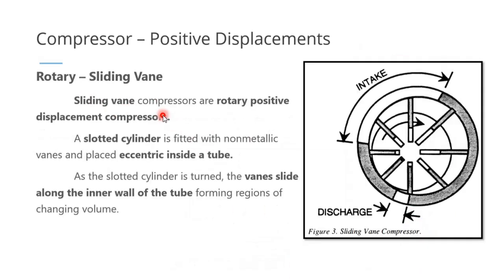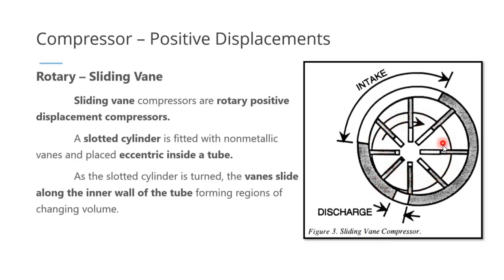Next, we have this rotary type compressor, which is the sliding vane. So sliding vane compressors are rotary positive displacement compressors. So under pa siya ng positive displacement. So ano ba yung design niya? A slatted cylinder is fitted with non-metallic vanes. So ito yung cylinder.